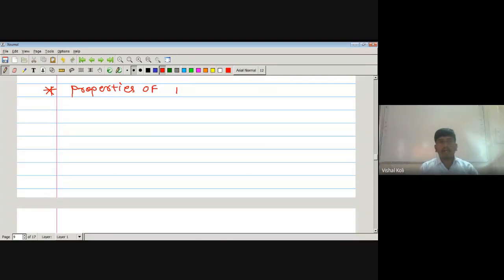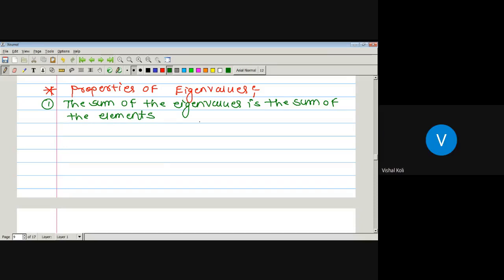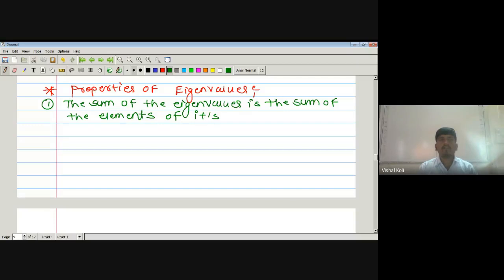Okay, now there are some properties of eigenvalues. First one, the sum of the eigenvalues is the sum of the elements of its principal diagonal line.